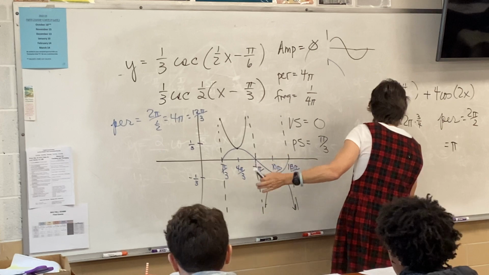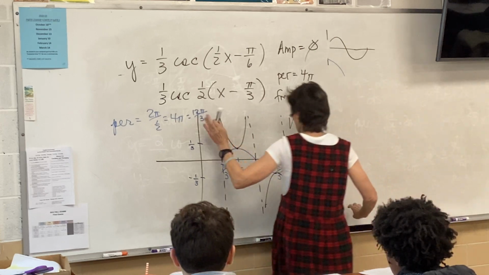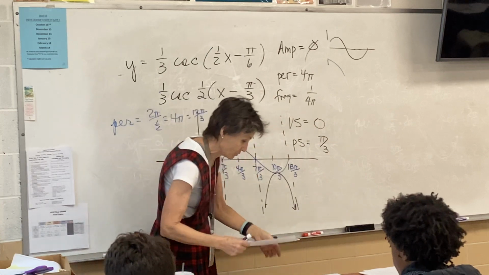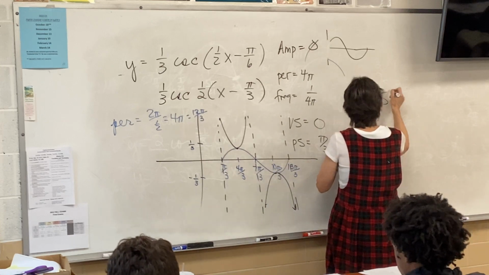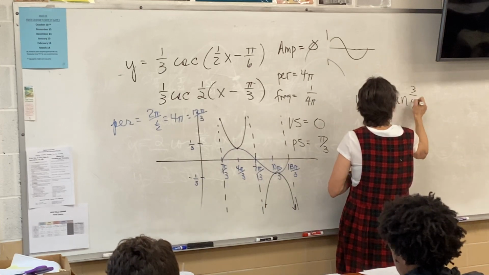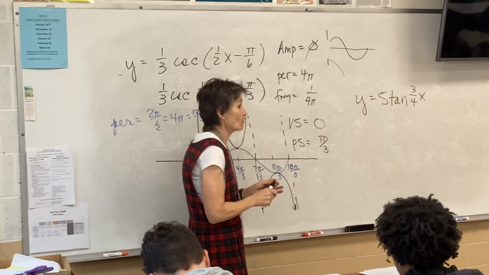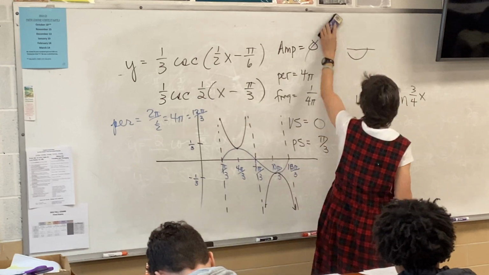Secant and cosine will be done the same as this, just a different shape. So let's do y equals 5 tangent 3/4 x. Now, first of all, just as a reminder, what does a tangent look like?